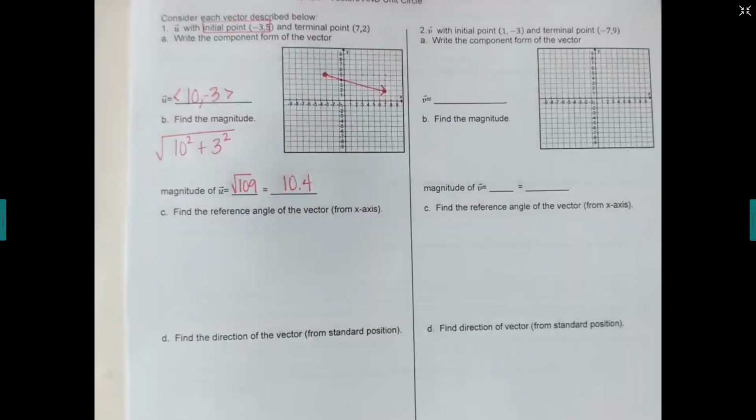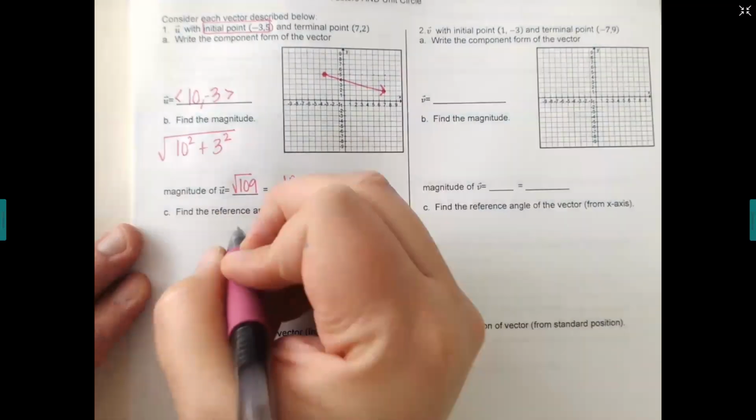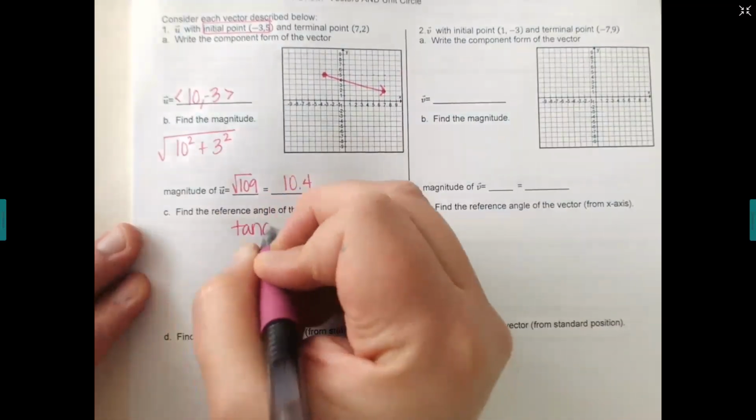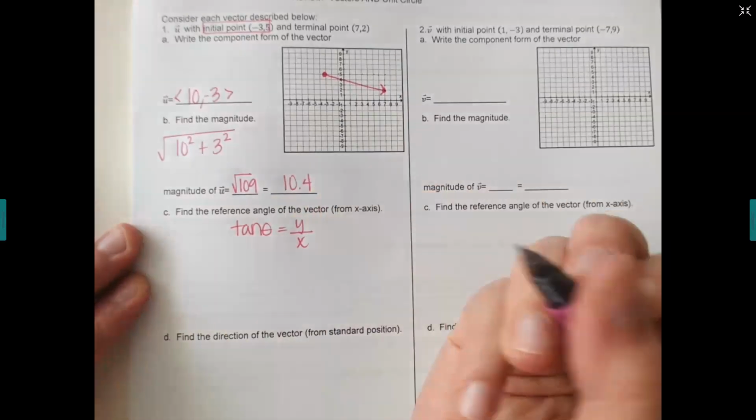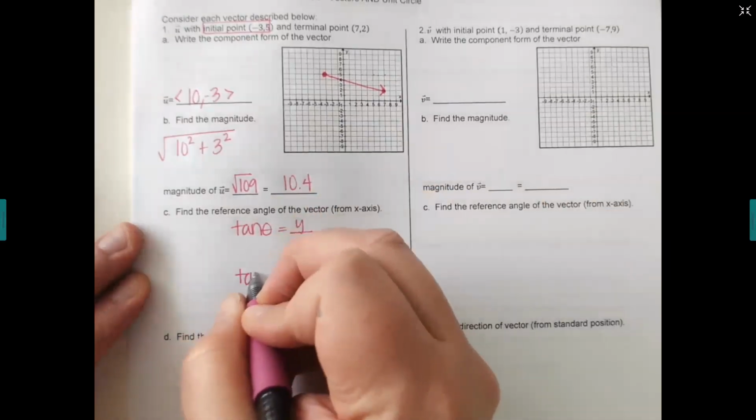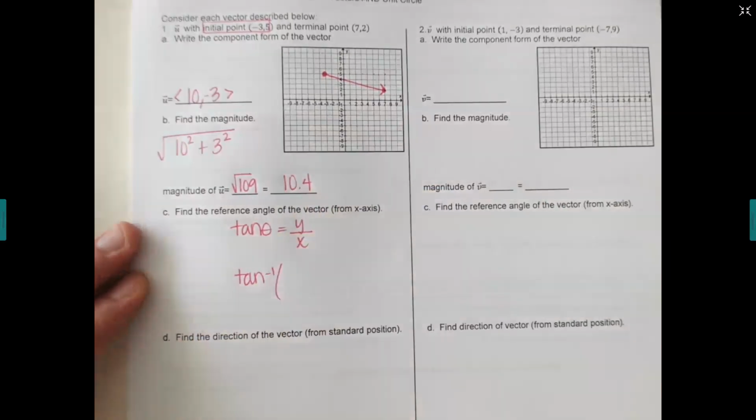Okay, second part of the question, we want the reference angle. Which of the trig functions do I use in the unit circle thing? In vectors? Tan. Tan equals y over x, which means that I'm going to end up inverse tanning on the y over x, which are what numbers for this question? 3 over 10.